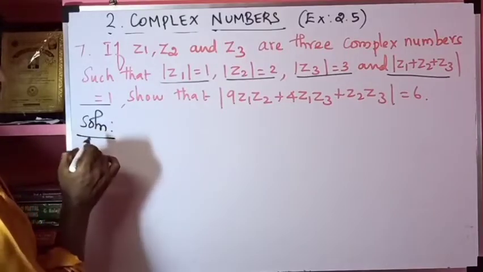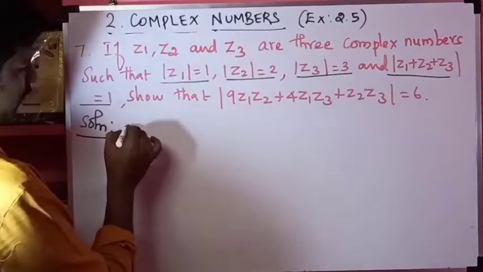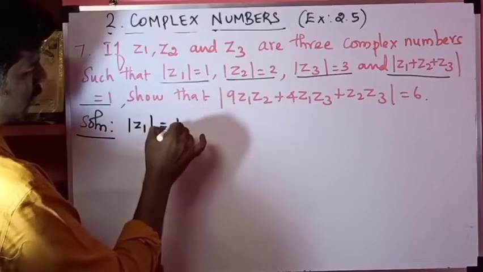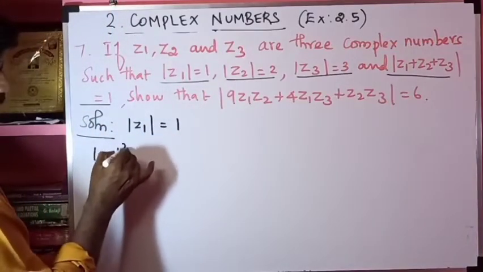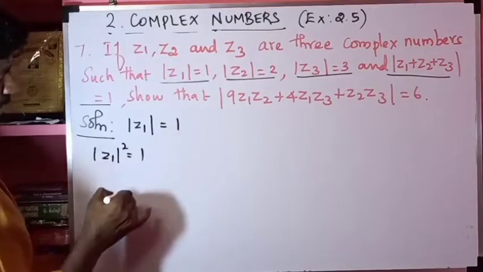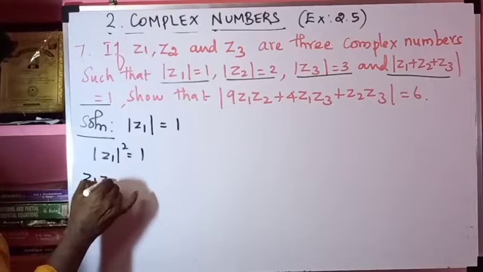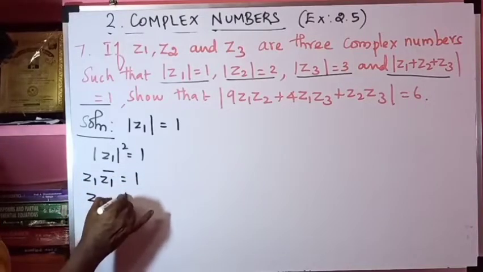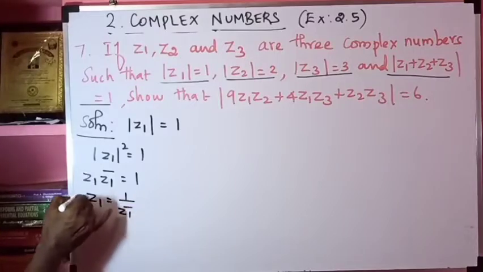So see here, z1, z2, z3 are given. First I am going to take modulus z1 equal to 1. Now I square this. Modulus z1 squared, 1 squared is 1. This can be written as z1 z1 bar is equal to 1. We can write that, right? So z1 is equal to 1 by z1 bar. This is the z1 value.